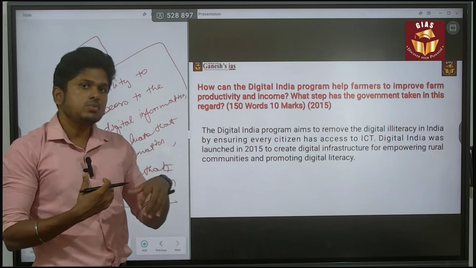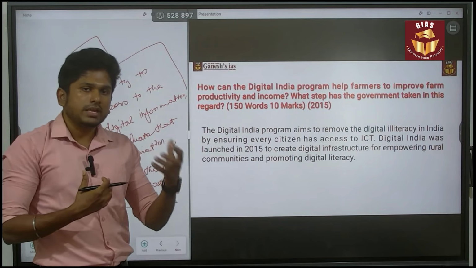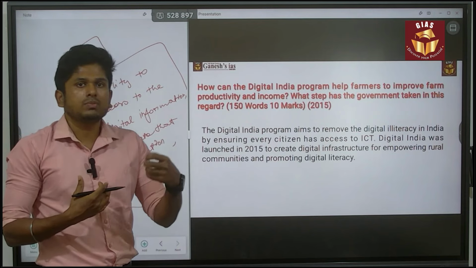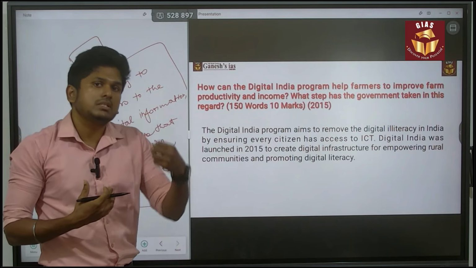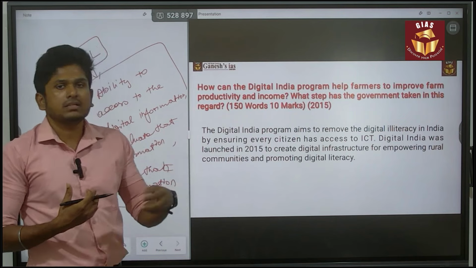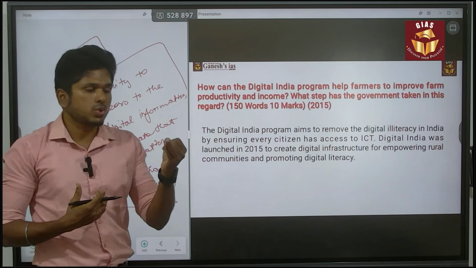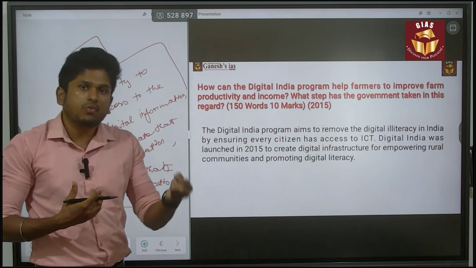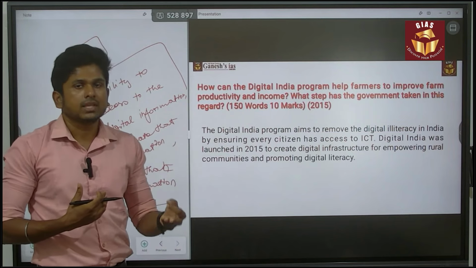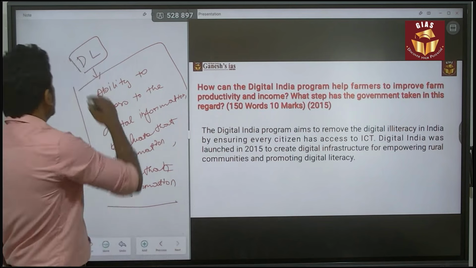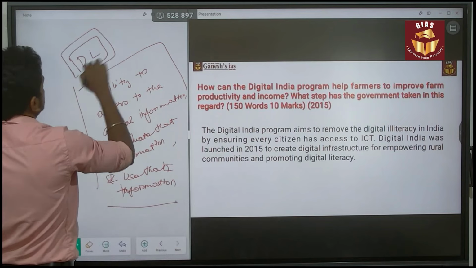But when it comes to digital literacy, if you are able to collect the information from that person in a digital manner, then it is called digital literacy. So it is about accessibility, availability and also affordability of digital data.